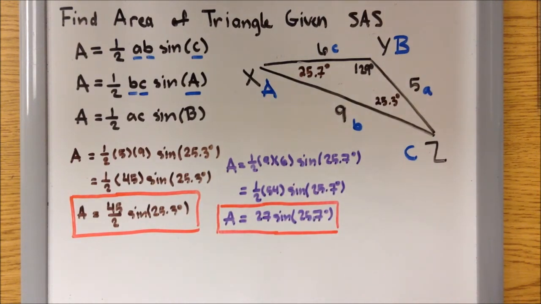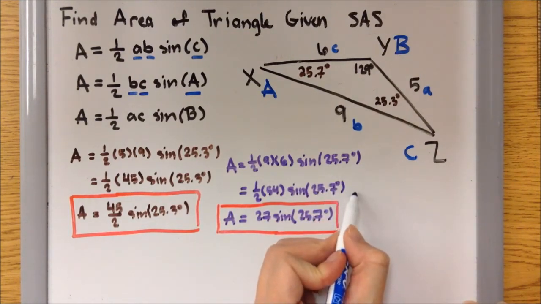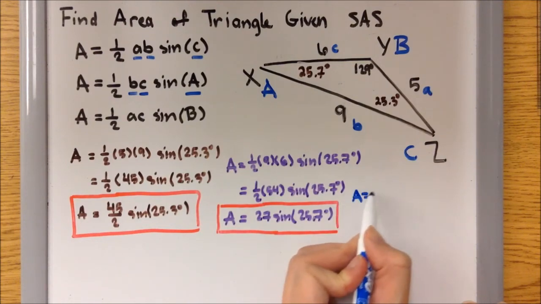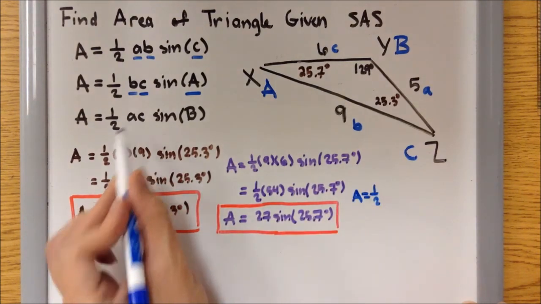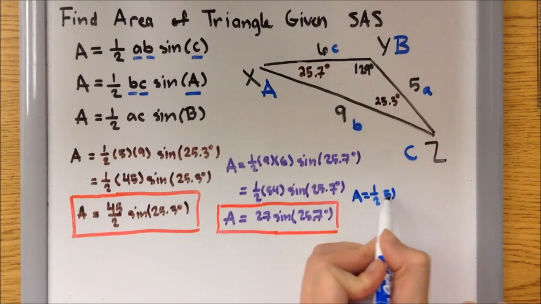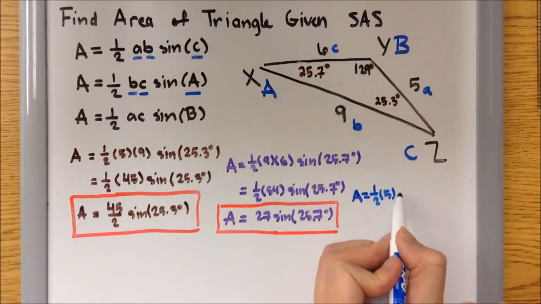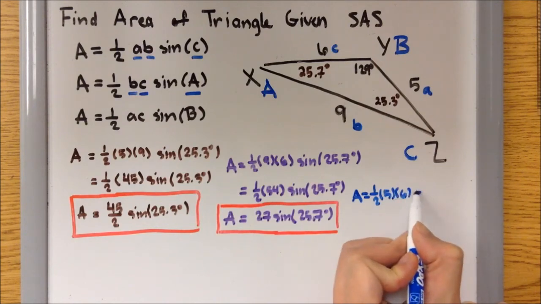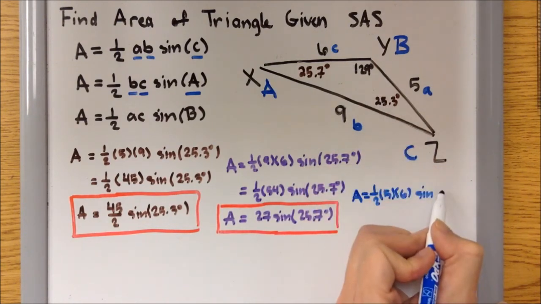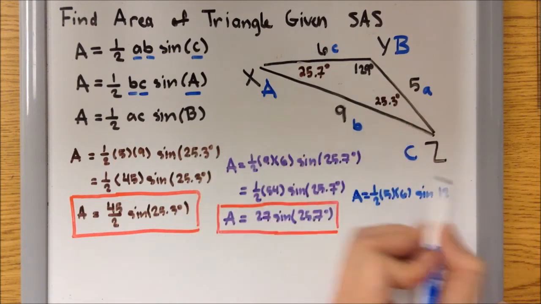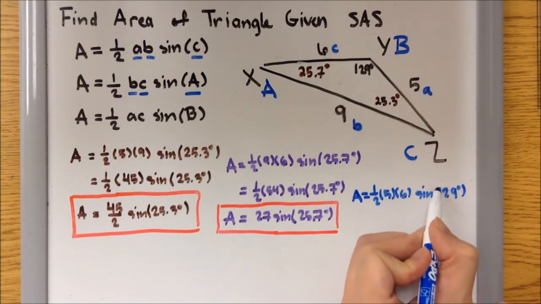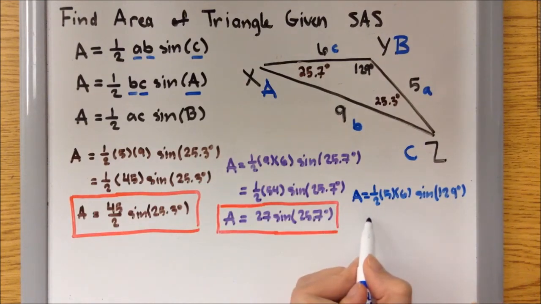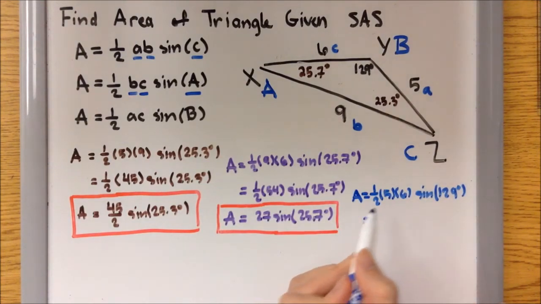Now, say I didn't want to do the first nor second, I want to do the third form, which is fine. So if I were to do the third form, so area equals 1/2 times my A, which is 5, times C, which is 6, times sine of 129, which is our capital B. So the only thing I can simplify is the 5 times 6.